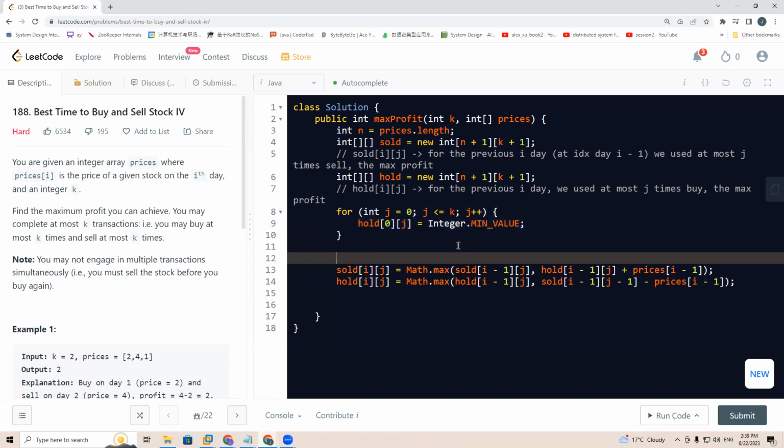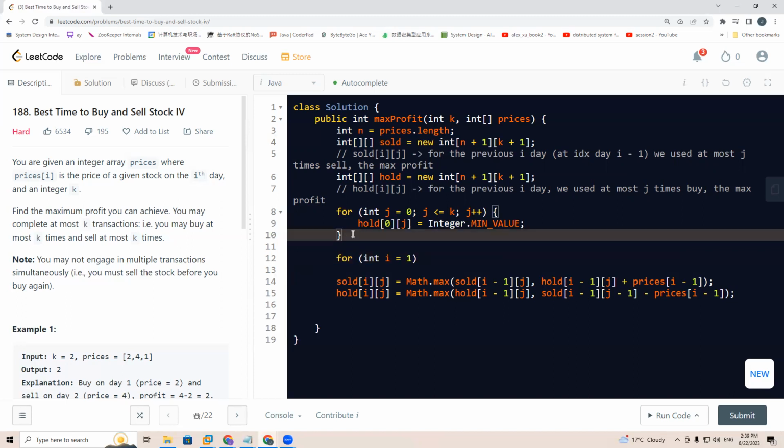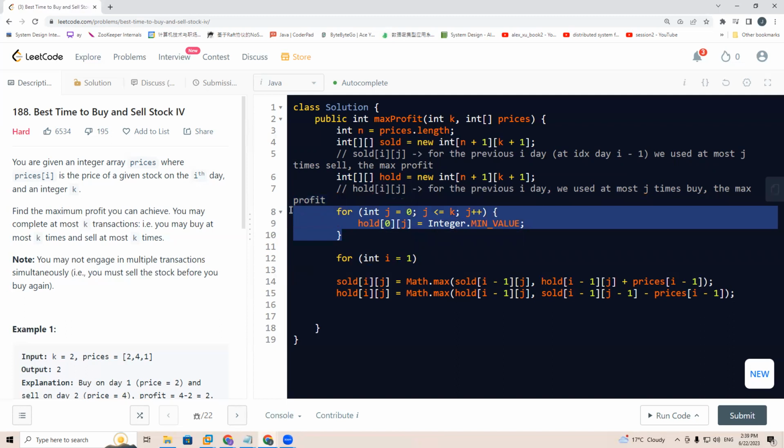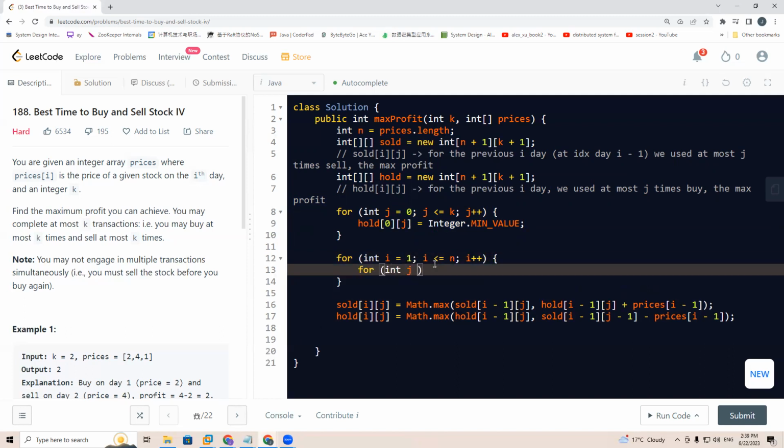And we need two for loops. One loops over the days, another loops over the transactions, right? So now we already have the 0 row here, and we add one extra step. For i equals 1, i smaller than or equal to n, i plus plus, and for j equals 1, also 1, right?